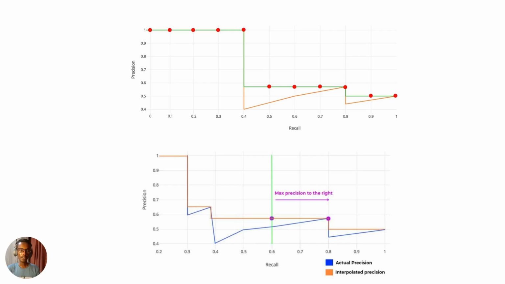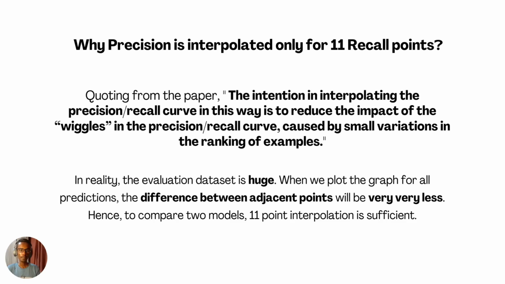As we have seen in the graphical depiction, the real precision values have zigzag, wiggly lines, and we don't want them when we are calculating the average precision value. So we just consider 11 recall points.